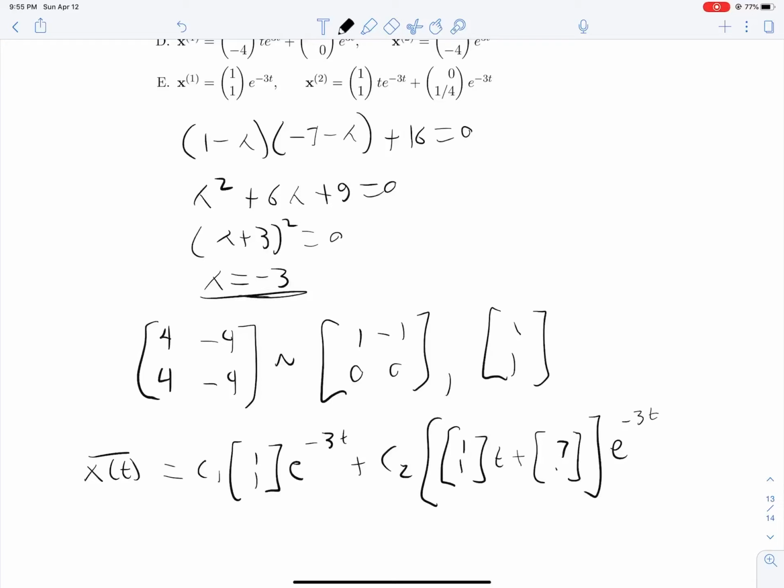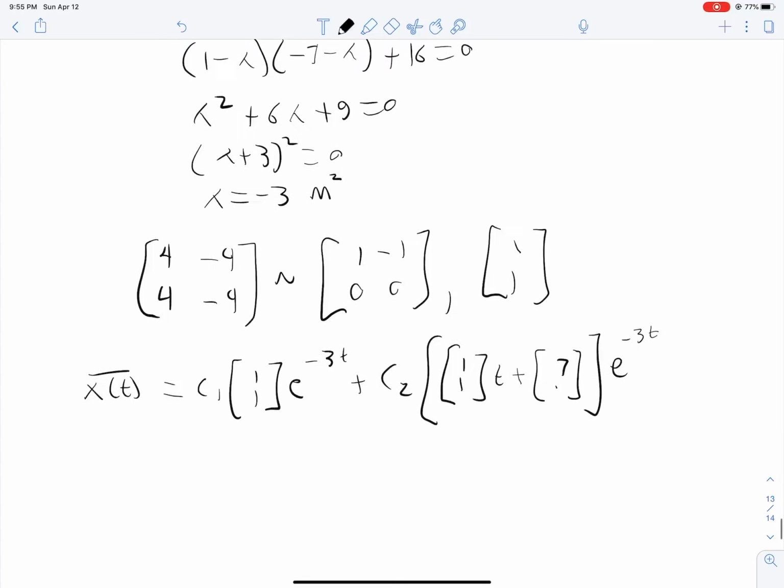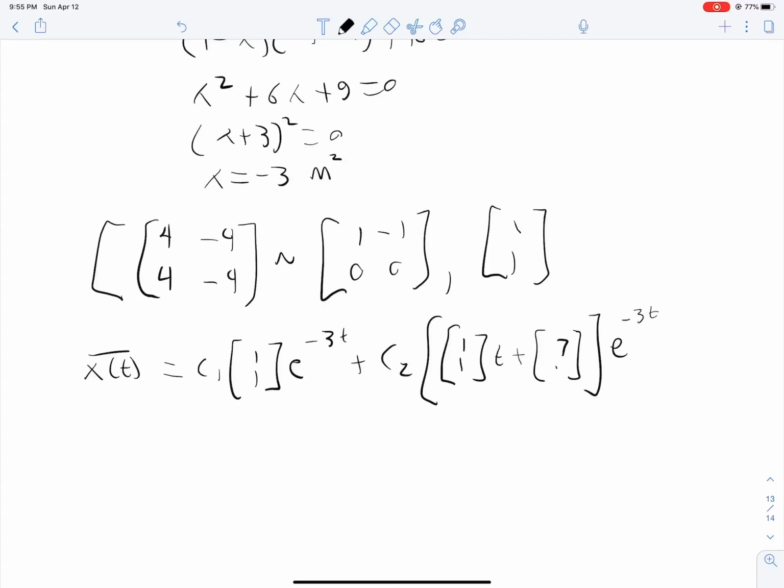And I should have been clear up here, it's lambda equals -3 with a multiplicity of 2. So finding this generalized eigenvector, we're going to take A minus lambda I, so 4, 4, -4, -4, and set it equal to our eigenvector, so 1, 1.